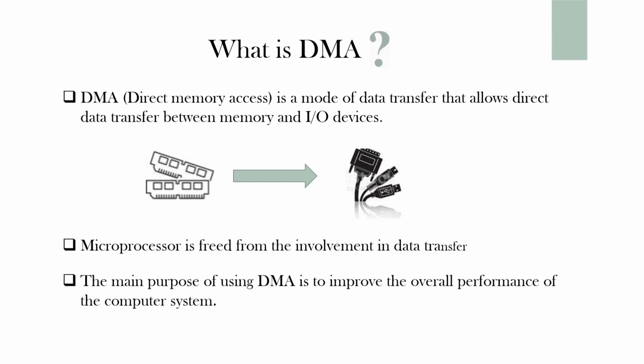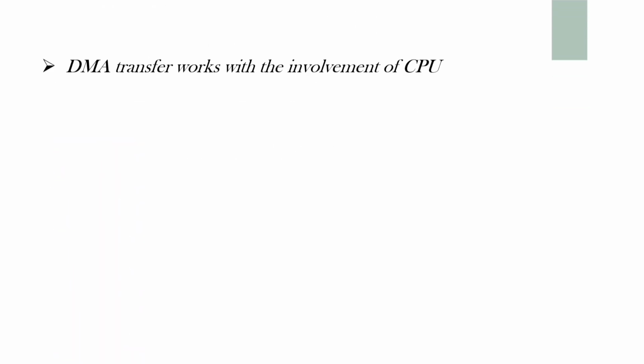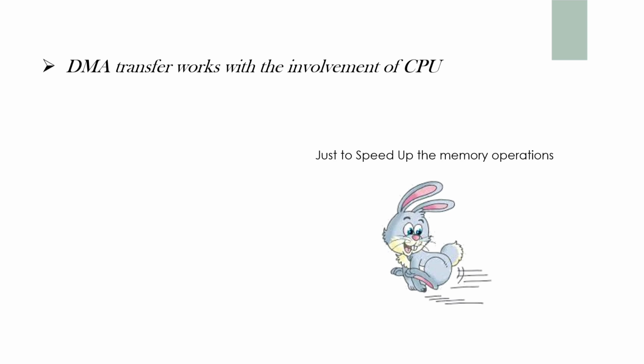The main purpose of DMA is to improve the overall performance of the computer system. It reduces the burden on the CPU by allowing the peripheral device to transfer the data to and from memory directly. This frees up the CPU to perform other tasks, which leads to faster and more efficient processing.